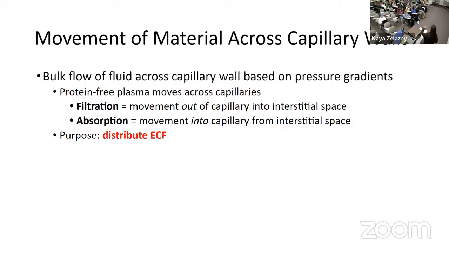But the main thing for our purposes in this unit, and a big concept to understand going forward, because this will come back especially when we get into the renal unit and think about kidneys, is that we have fluid flow depending on pressure gradients. We've talked about fluid flowing through the vasculature, the blood vessels, based on a pressure gradient. Now the pressure gradients we're thinking about are across the capillary wall.